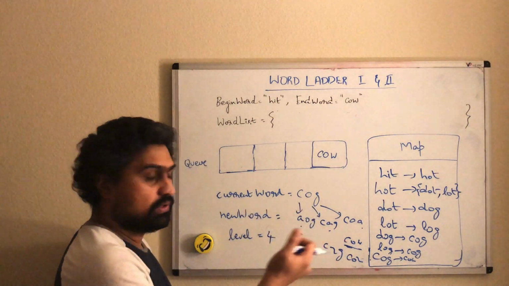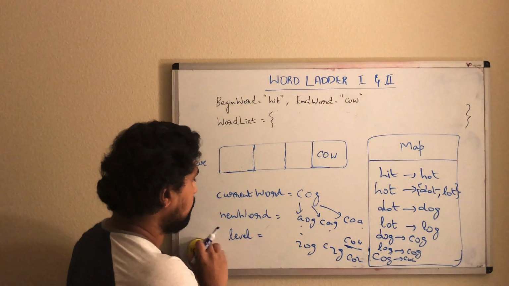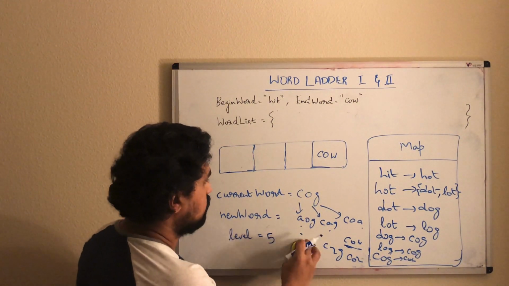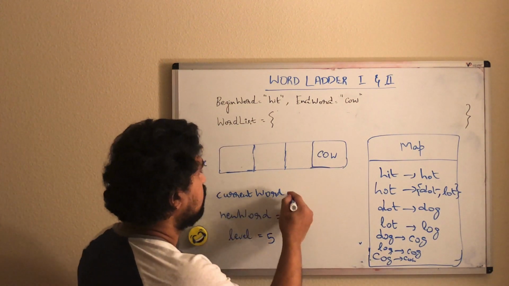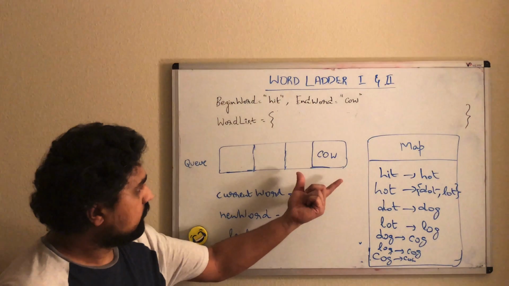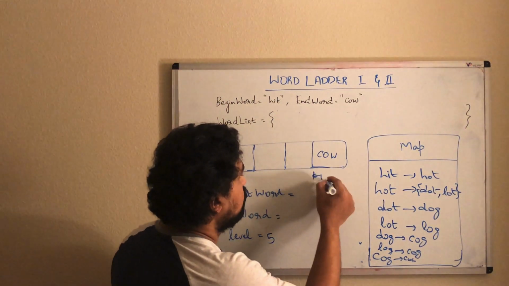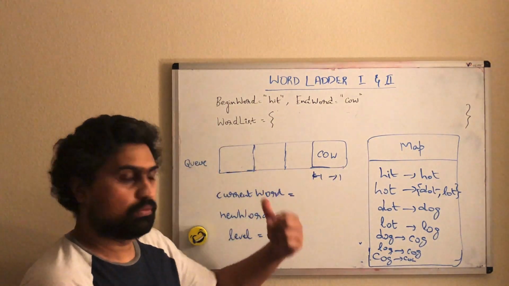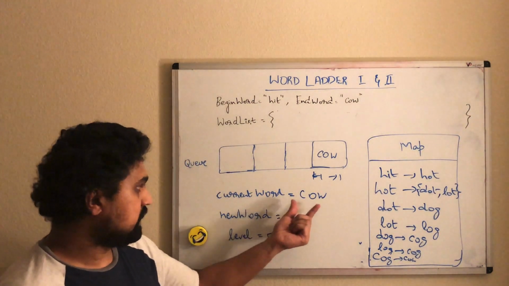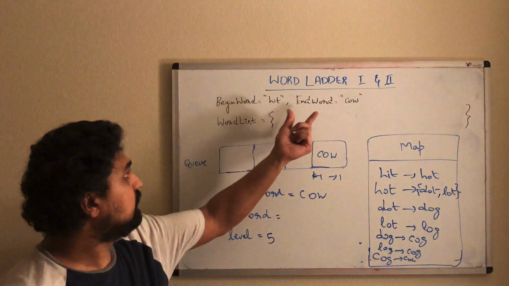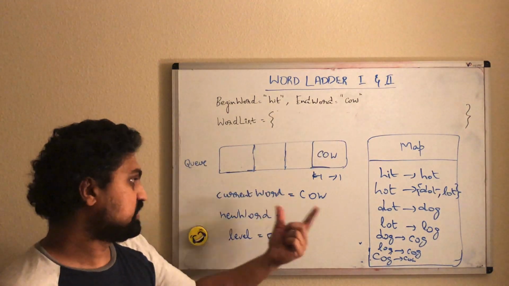Now we shall move to the new level, which is 5. So I'll remove this. Okay, now in this new level, once again we have just one word cow, so we shall poll that word. Now this current word cow is same as the end word cow, which is the required word.